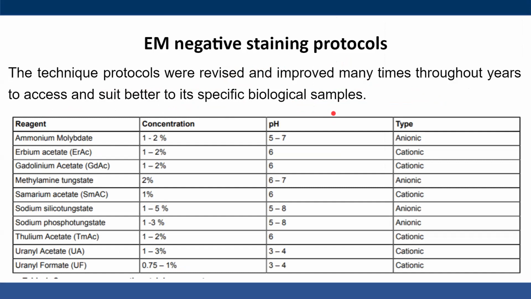So when we are trying to apply this technique, we need to know the biological samples or what type of study we want to do, because there are a lot of types of heavy metal salts we can use, with different concentrations, different pHs, and different charges, anionic and cationic. So we need to know what type of biological sample we're going to work with to choose the better protocol.